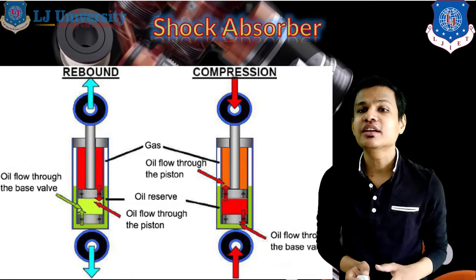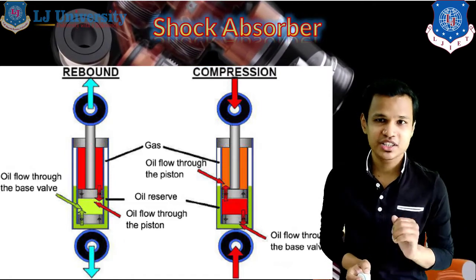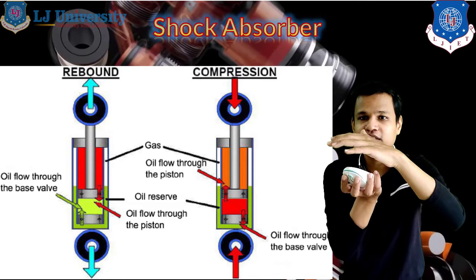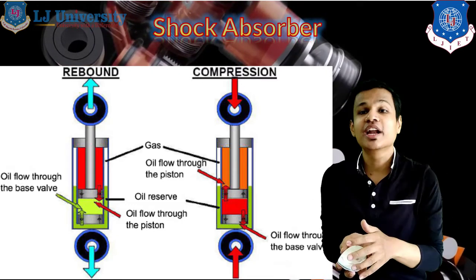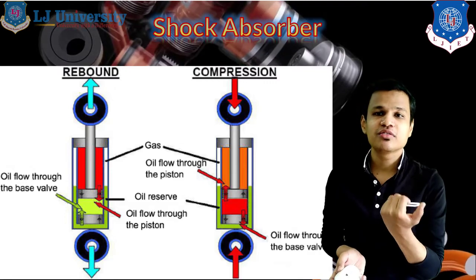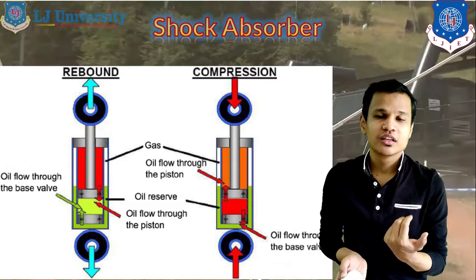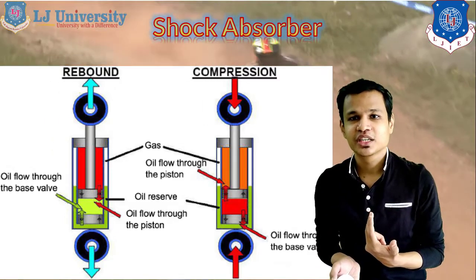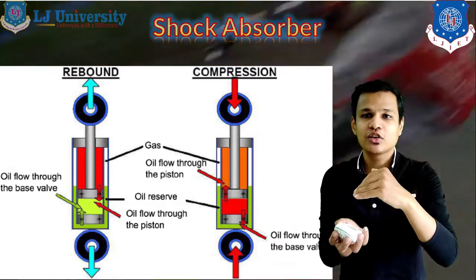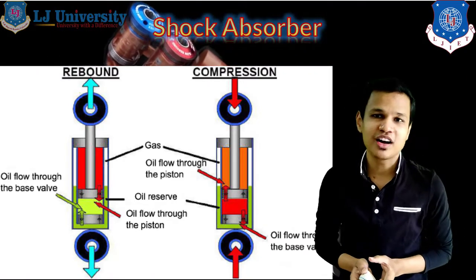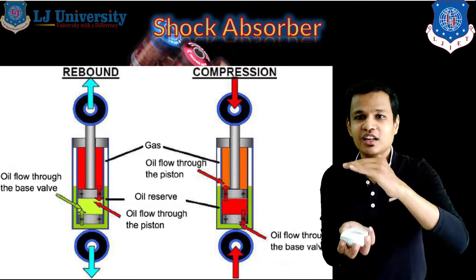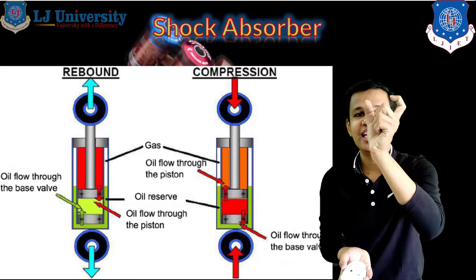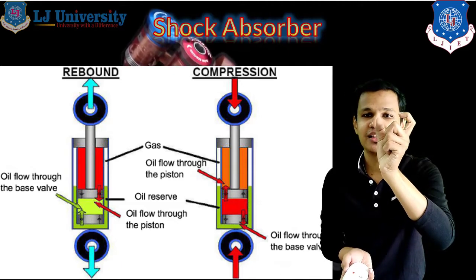Now the second stroke is the rebound, right? The vibration will be generated, so when the absorber is compressed, it will come back to its original position as well. That is known as the rebound. In the case of the rebound, you can see in the second figure, the opposite effect will happen. The oil that went towards the upper part of the valve will again be compressed because the valve will expand. So the area of the upper part will compress.